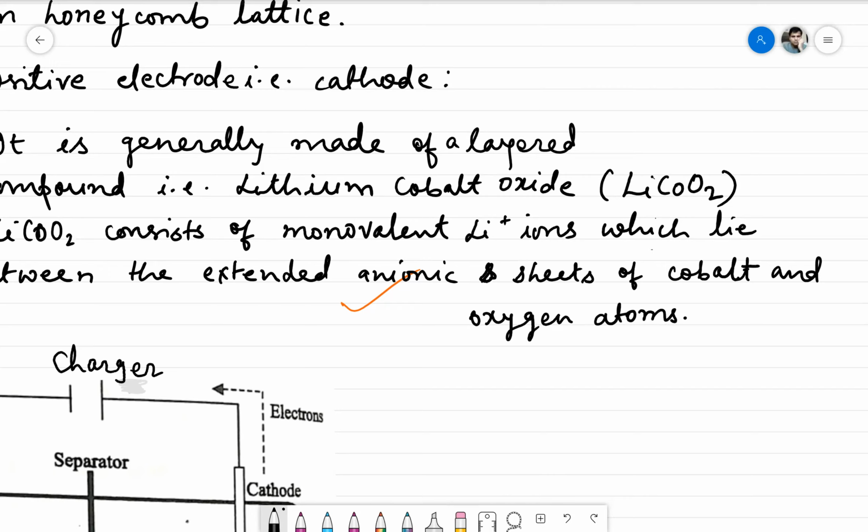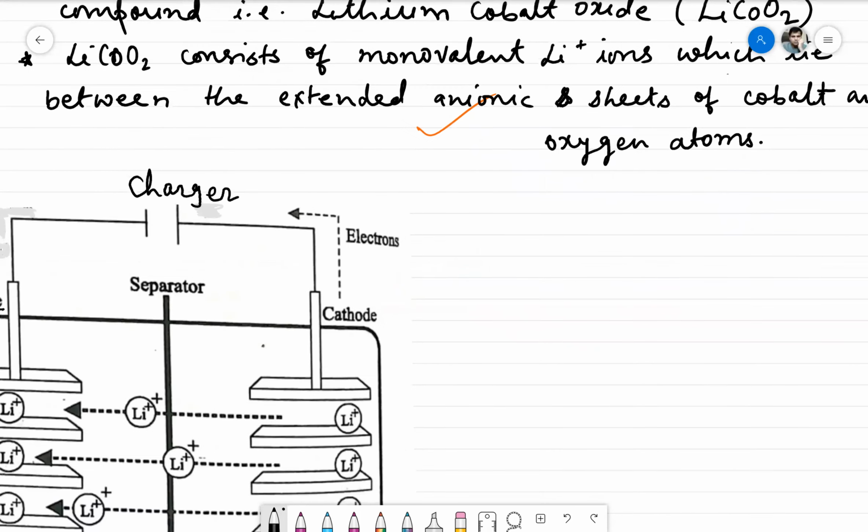Okay, so the lithium ion present in between the cobalt and oxygen atom layers can easily move out and in without destroying the cobalt oxide lattice during the charging and discharging process.